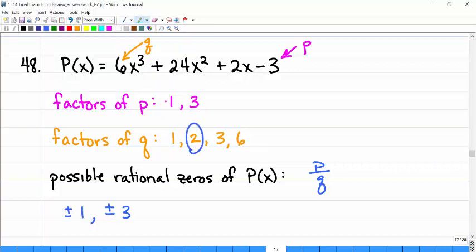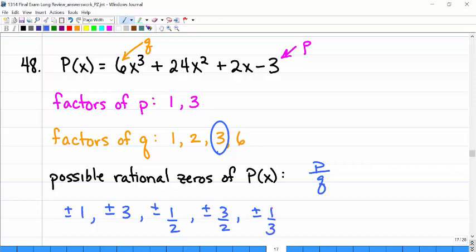So I get plus or minus 1 over 2, and I get plus or minus 3 over 2. Now I want to put everything over 3. So I get plus or minus 1 over 3, and I get plus or minus 3 over 3, which is 1. I've already got it. I don't need to list it again.